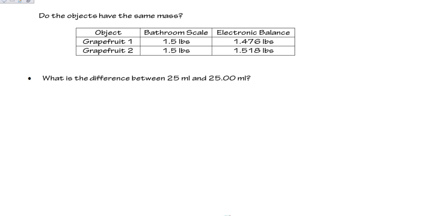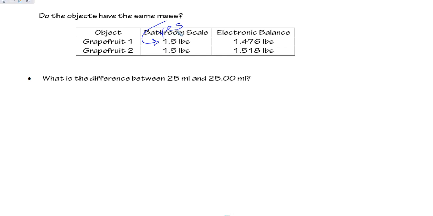Do these objects have the same mass? It depends on the precision of the measuring tool. If I'm just using this bathroom scale that only measures to 1/10 of a pound, well, then I'd say, yeah, to 1/10 of a pound, they were both 1.5.